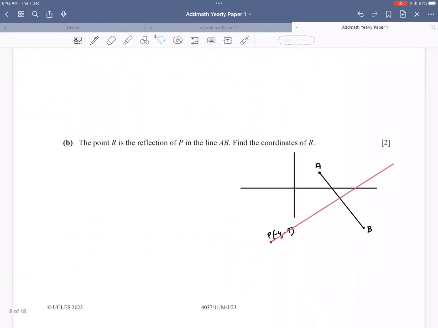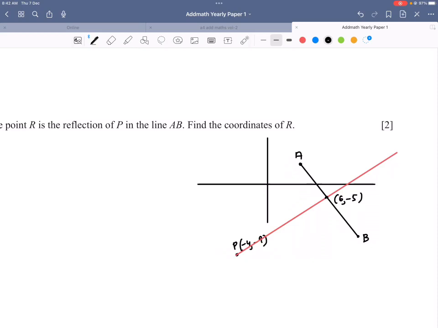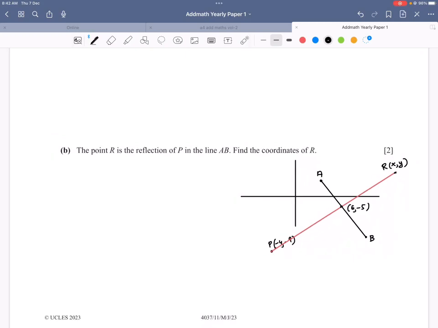Midpoint is 6, minus 5. Midpoint we have got already. It's 6, minus 5, right? Now we need to apply the coordinates for R here, and R is xy. So the working principle we are going to apply is the formula for the midpoint. Midpoint is x1 plus x2 divided by 2, comma y1 plus y2 divided by 2.